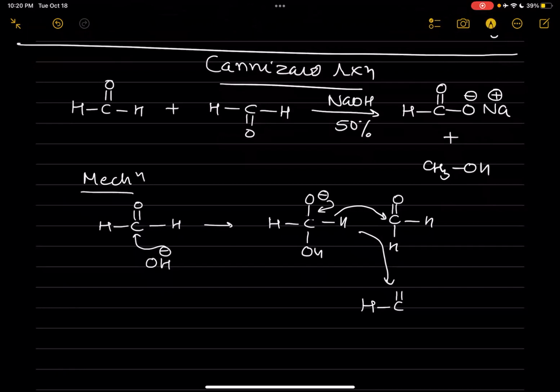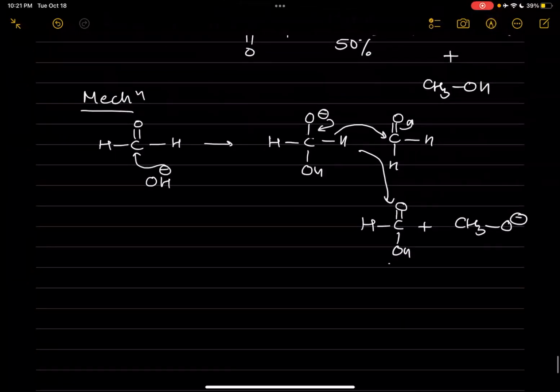So what are you going to get? You're going to get the double bond with OH, and this is CH3O minus. This is acid, this is base, so this is going to give H plus.